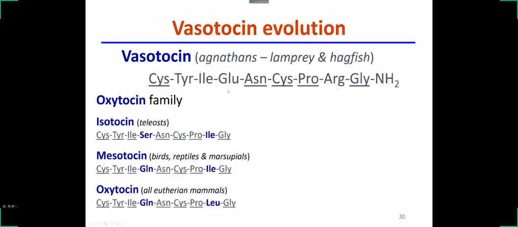In the case of the Vasopressin, the original ancestral gene has glutamate, and for the rest of us, it's mutated to serine, glutamine, or glutamine. In the case of us, you maintain the asparagine, cysteine, and proline, but in the case of isotocin and mesotocin, this is mutated to an isoleucine, and then you've got the glycine.